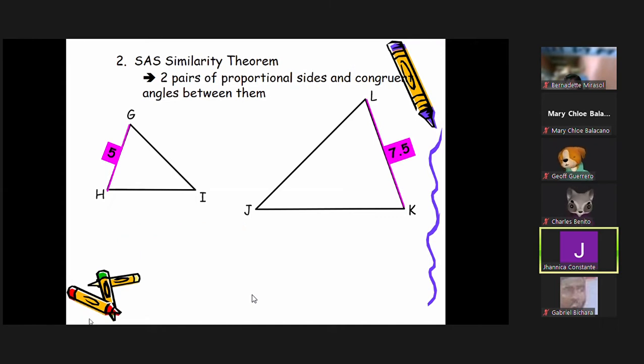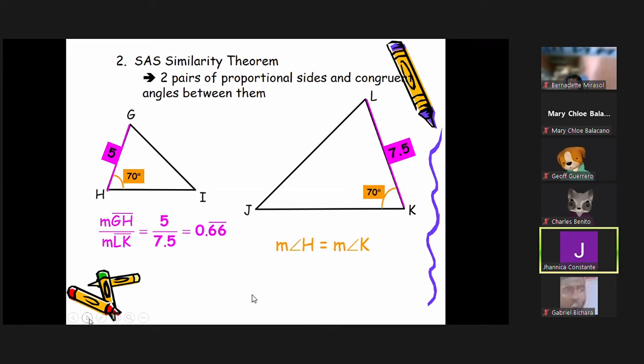So let's say the measurement of the other side or the angle measures 70 degrees. So since the same ang measurement ni angle, so no need to get the proportion of the two angles that we have. Okay. But the measurement of the side HI is equal to 7 and the measurement of side JK is equal to 10.5.